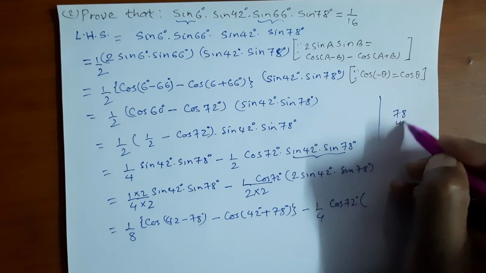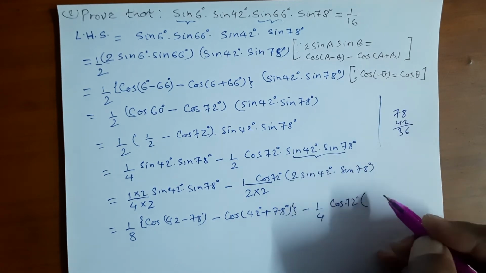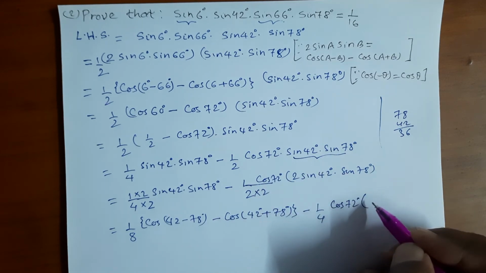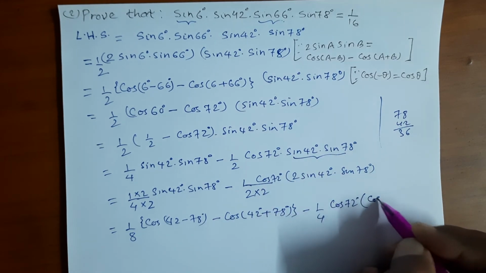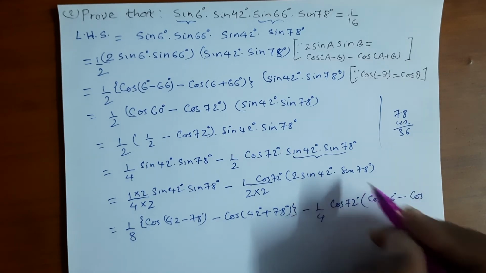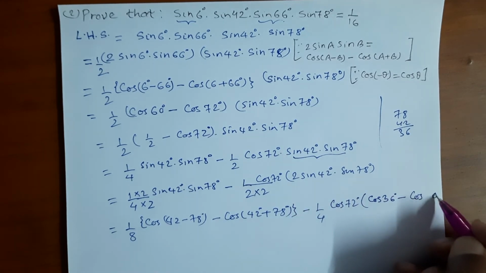then 42 minus 78, that will be 78 minus 42, that will be 36, that will be cos(A minus B), 42 minus 78, that will be cos minus 36, that will be cos 36 degree, minus cos 42 plus 78, it will be 120.